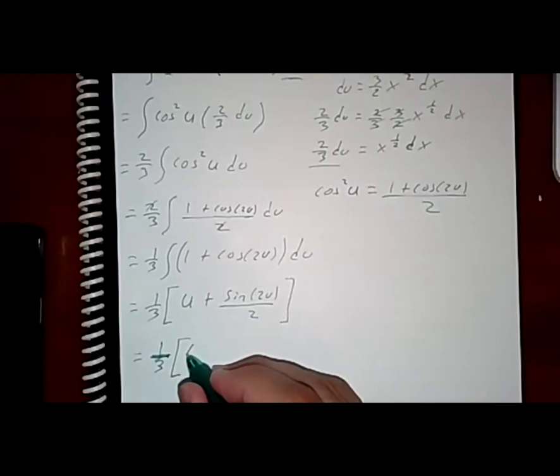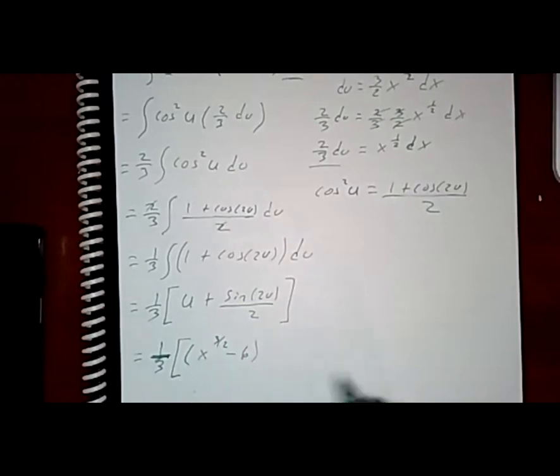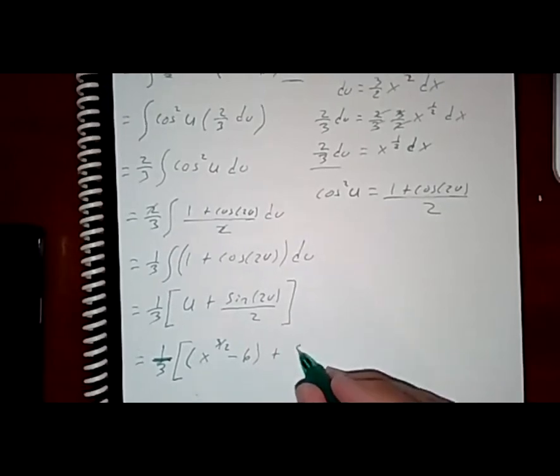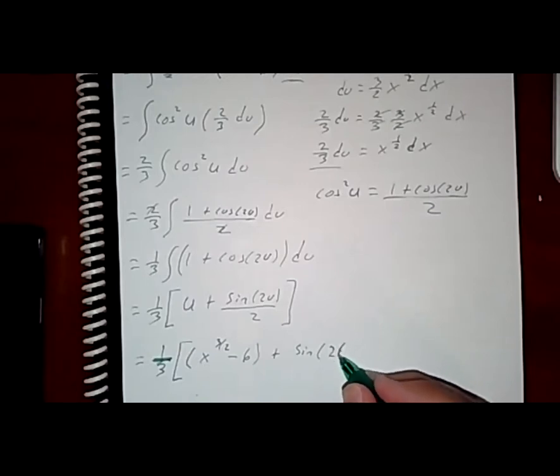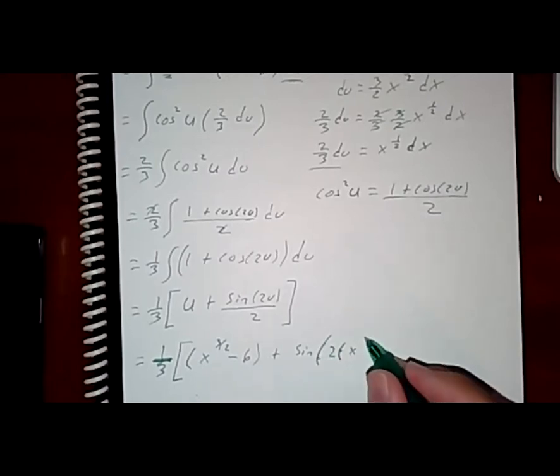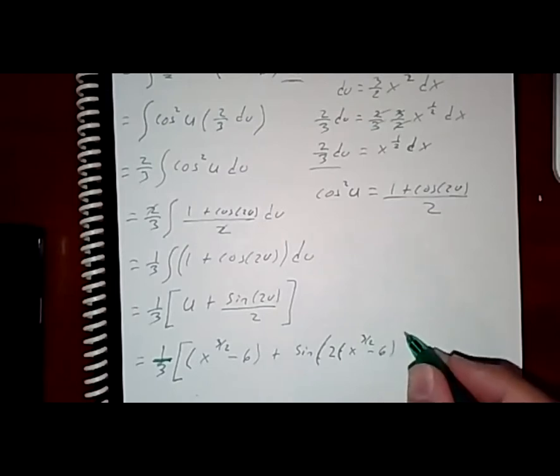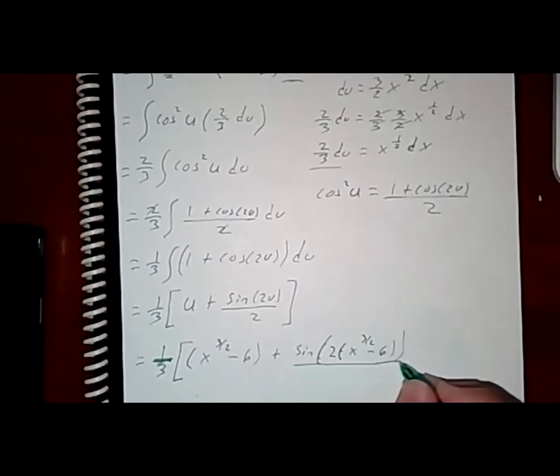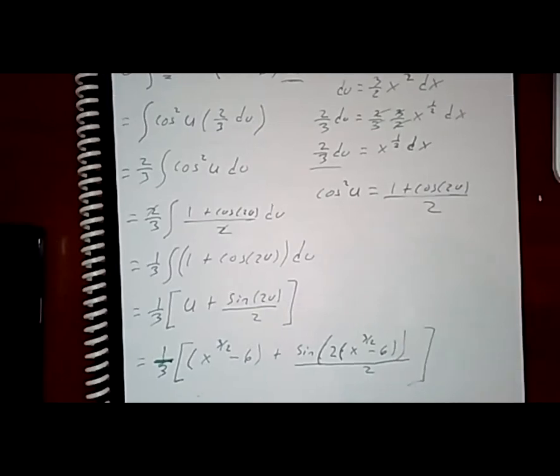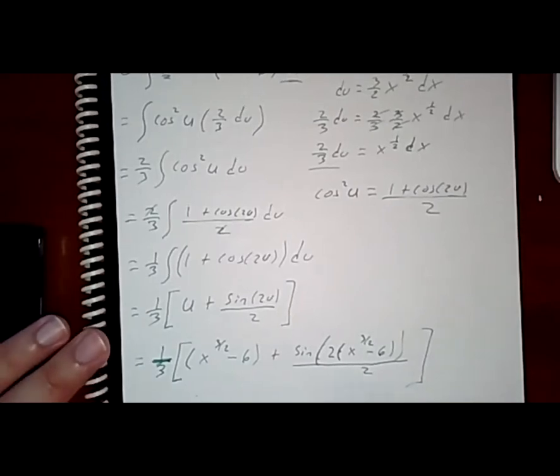That'll be x to the 3/2 minus 6 plus sine of 2 times x to the 3/2 minus 6 over 2. If we want to make it look like what they have, it's going to be this.